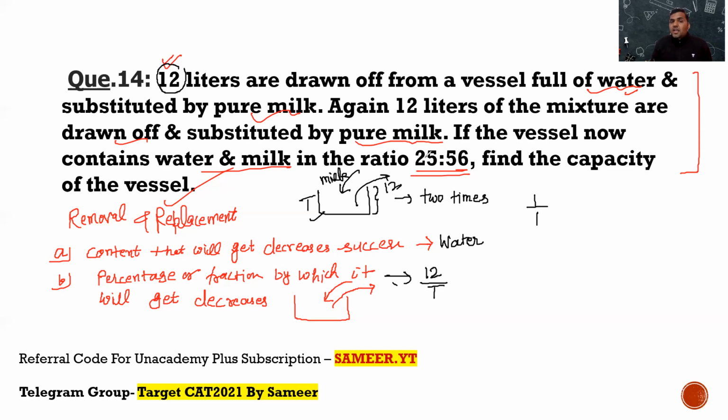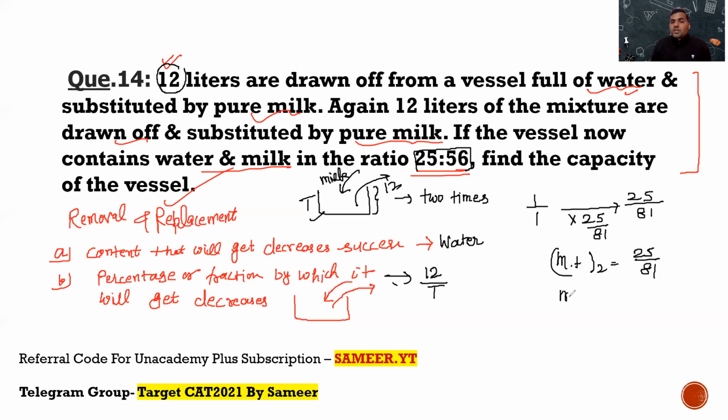In this particular case, the quantity of water left in the vessel, as you can see, is 25/81. So after doing the process 2 times, the water quantity gets multiplied by 25/81. This is the multiplying factor for 2 operations of removal and replacement.